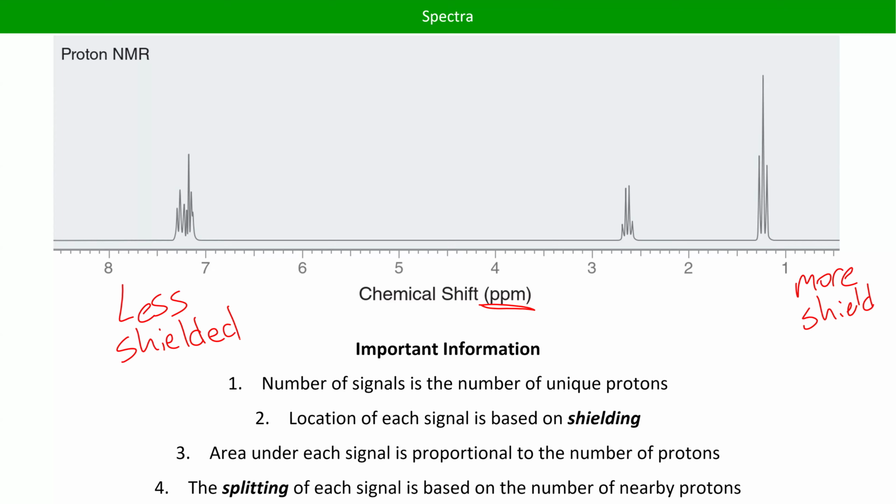Less shielded means that there's less electron density around it, but it also means that we can look at different functional groups and see approximately where they're going to fit in there, because every different functional group is going to affect its protons a little bit differently.